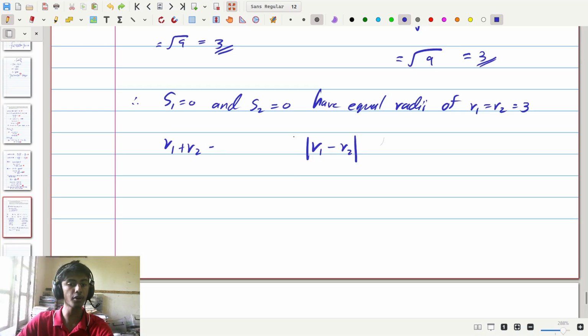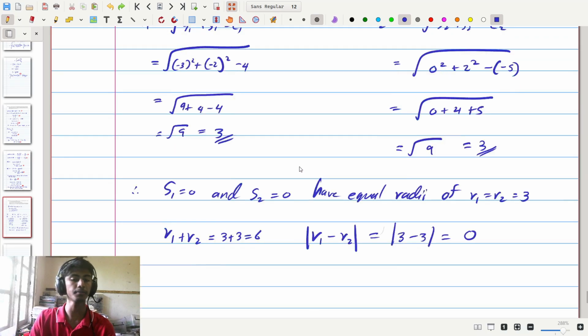Now r1 plus r2 is simply 3 plus 3, which is equal to 6, and the modulus of r1 minus r2 is simply the modulus of 3 minus 3, which is the modulus of 0, which is 0. So if C1C2 is somewhere in between r1 plus r2 and the modulus of r1 minus r2, then the two circles will intersect each other.